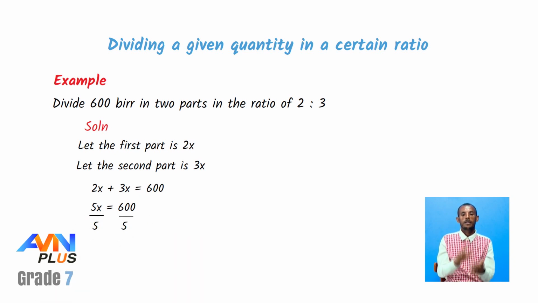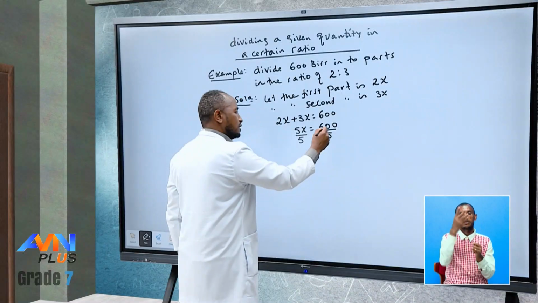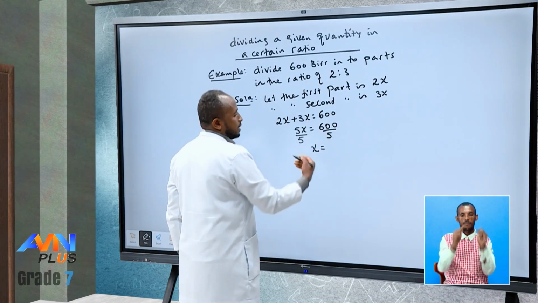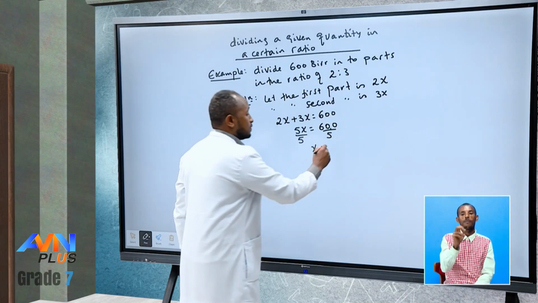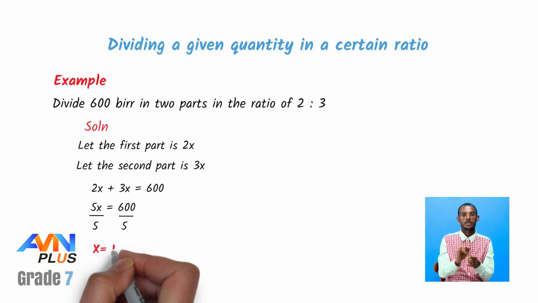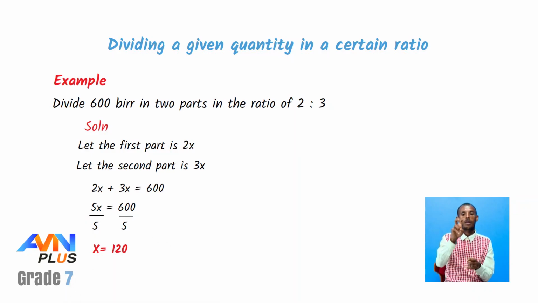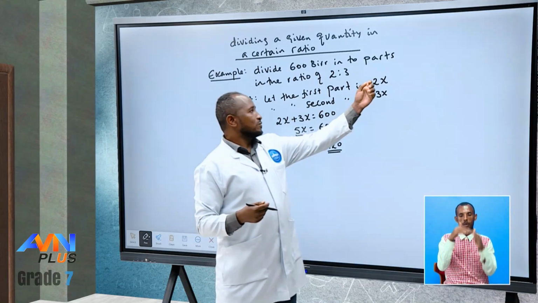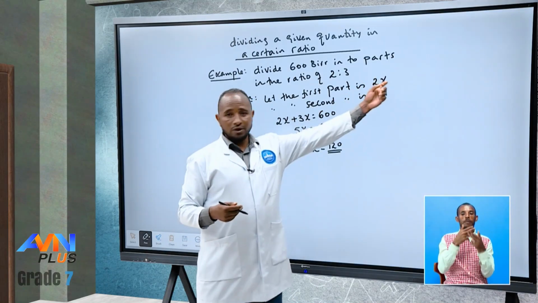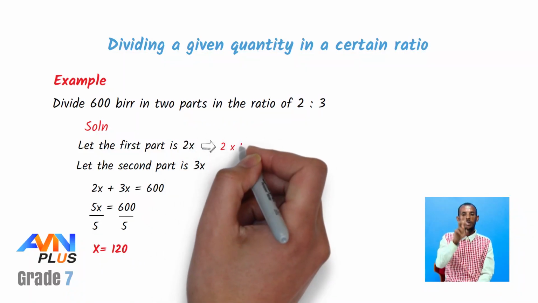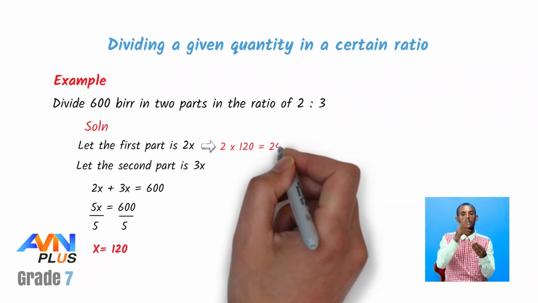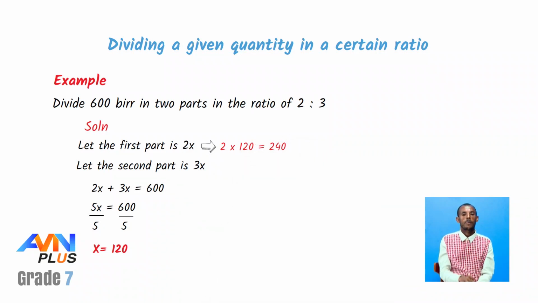This cancels out. x is equal to 600 divided by 5. 60 divided by 5 is 12. Therefore, 120 will be x. So the first part is 2 multiplied by 120, which gives you 240.